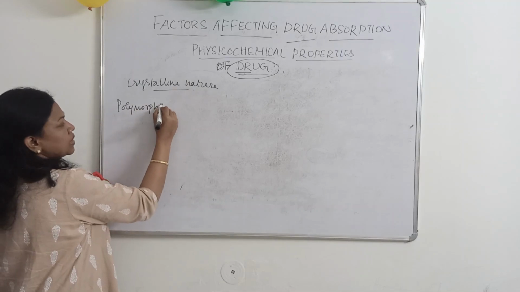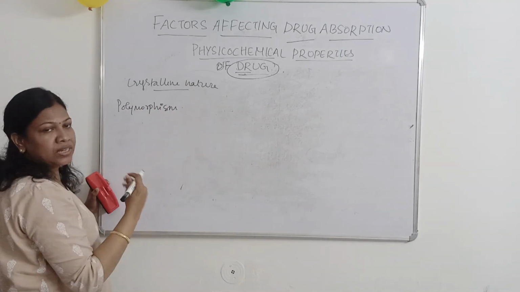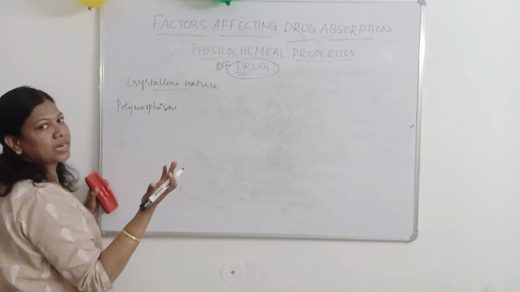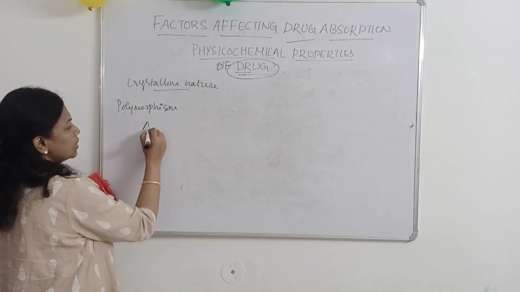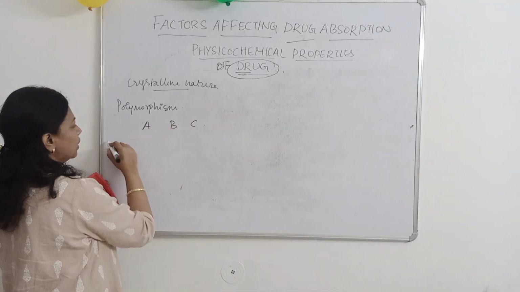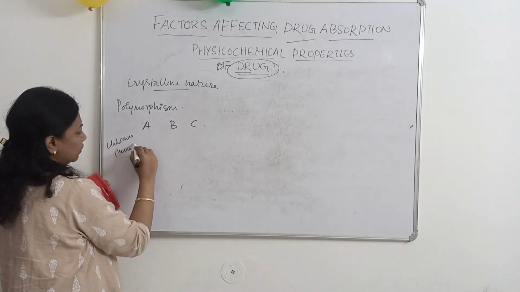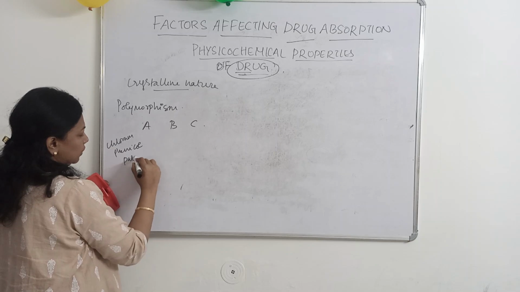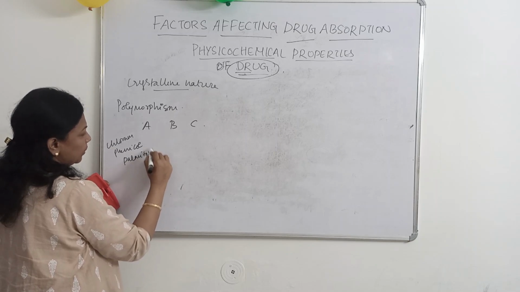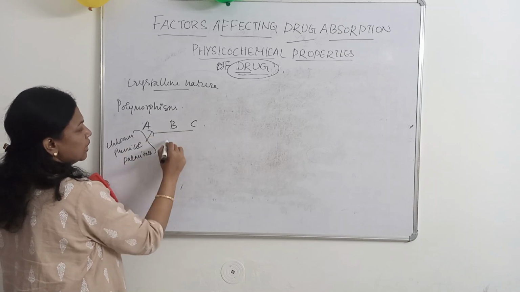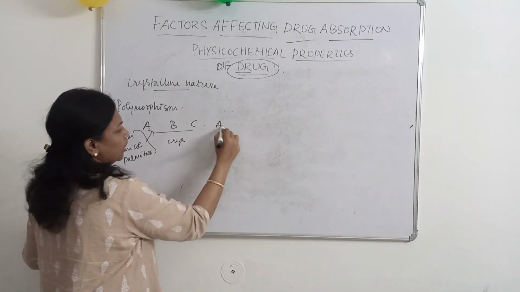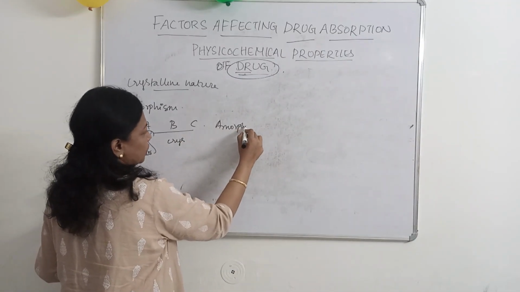The drug may exist in more than one crystalline form or in crystalline and amorphous form, say for example A, B, C, like in the case of chloramphenicol palmitate. The antibiotic chloramphenicol palmitate exists in 3 crystalline forms and 1 amorphous form.